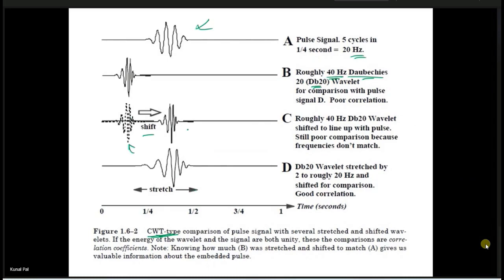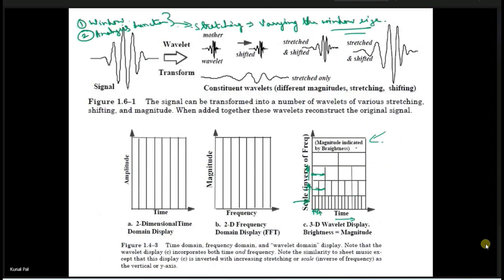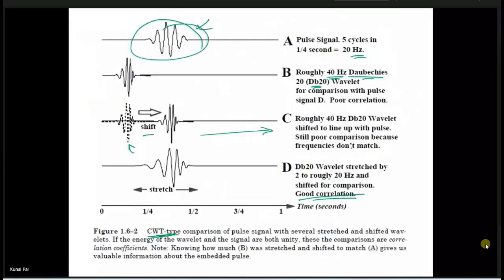Once you complete one complete signal analysis of the original signal, you go for the stretching and do the correlation again. These correlation factors are given by this brightness, which denotes the y plane.